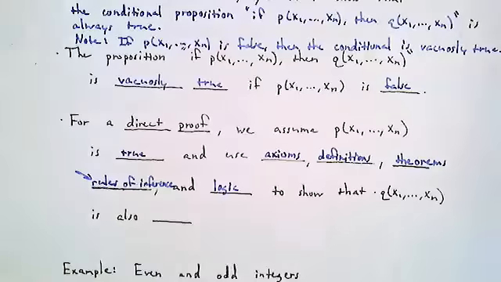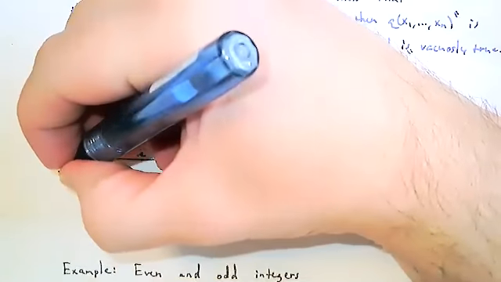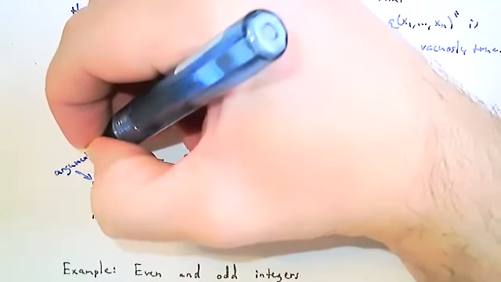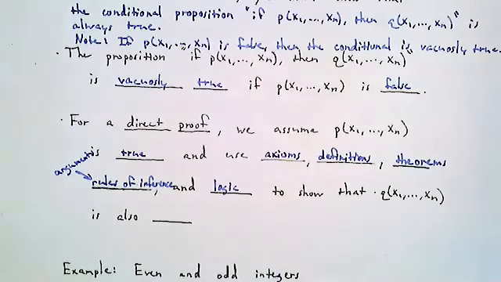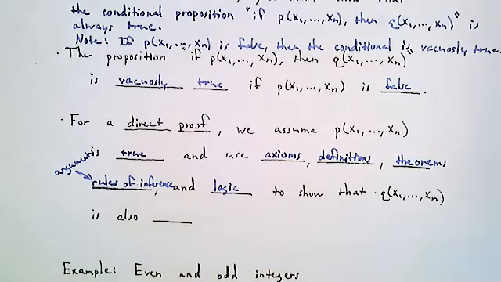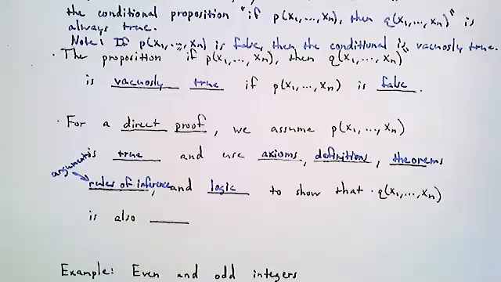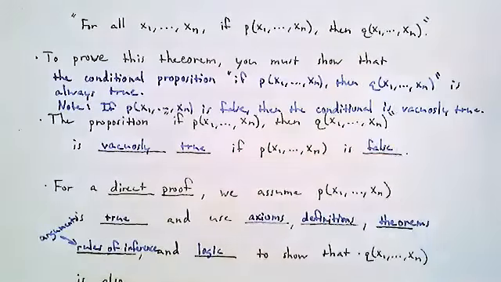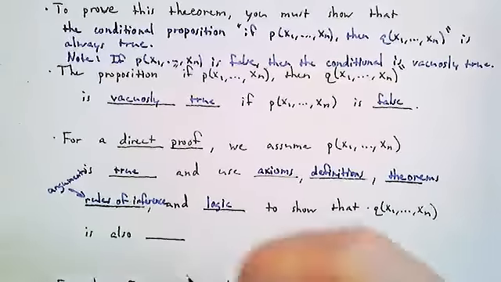For rules of inference, we're talking about arguments, valid arguments. So we use all of these things that we've learned about, or we're going to learn about, to show that the conclusion, the right side of the conditional statement, is also true.